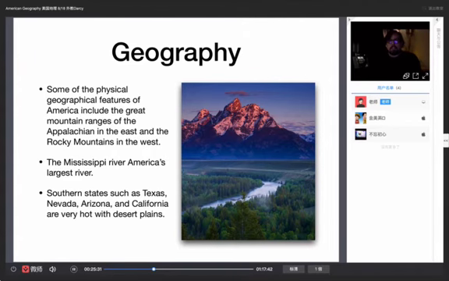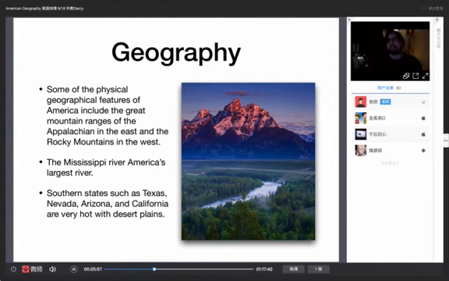Some of the physical geographical features of America include the great mountain ranges of the Appalachians in the east and the Rocky Mountains in the west. The Mississippi River is America's largest river. Southern states such as Texas, Arizona, and California are very hot with desert plains.